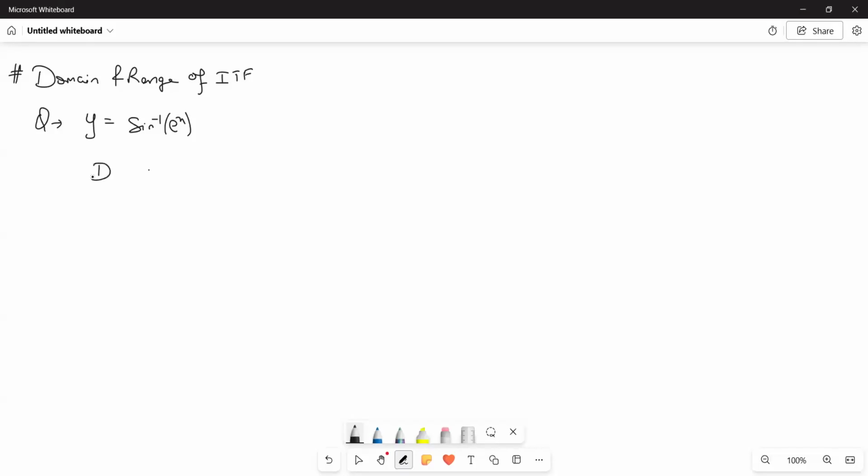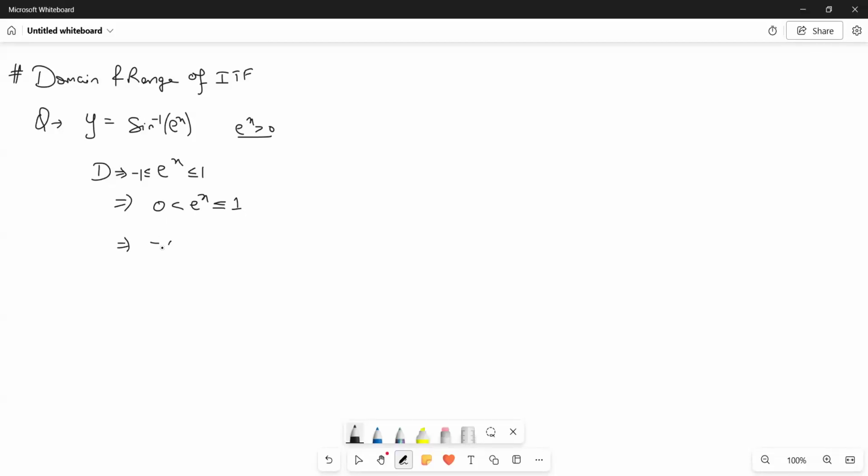So for the domain part, what is the domain restriction for sine inverse? E power x must lie between -1 to 1. But we know that e power x is always positive. So this domain restriction changes from 0 less than e power x less than or equal to 1, and then take the ln of the whole thing.